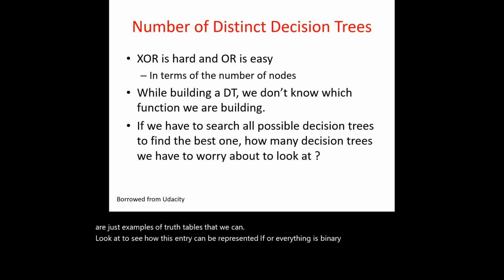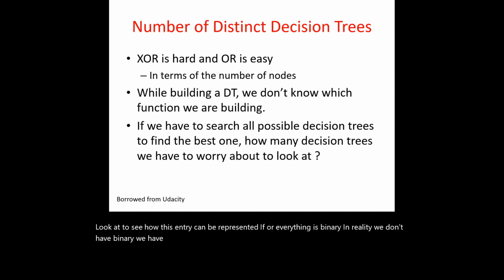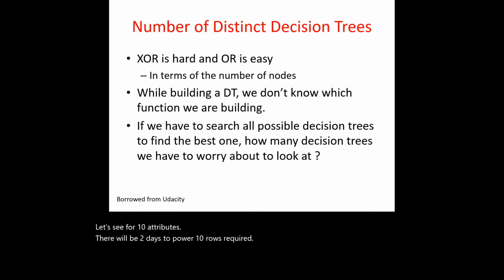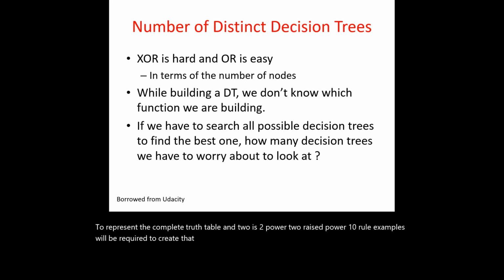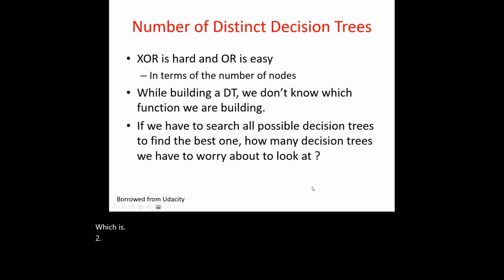In reality, we don't have binary. We have multiple values in each attribute. But to keep things simple, let's assume attributes are binary, the dependent variable is binary, and we want to learn, let's say, for 10 attributes, there will be 2 raised to power 10 rows required to represent the complete truth table, and 2 raised to power 10 row examples will be required to create that mapping between the dependent variable and 10 independent variables, which is too much to ask.